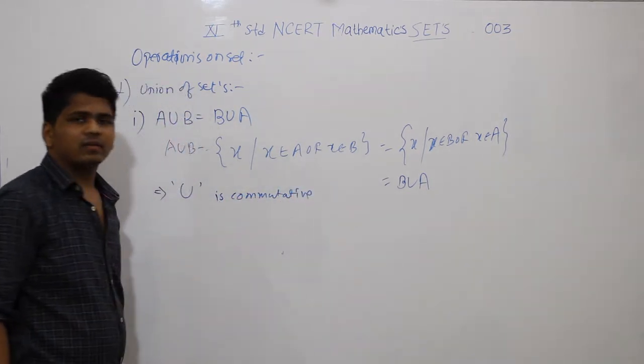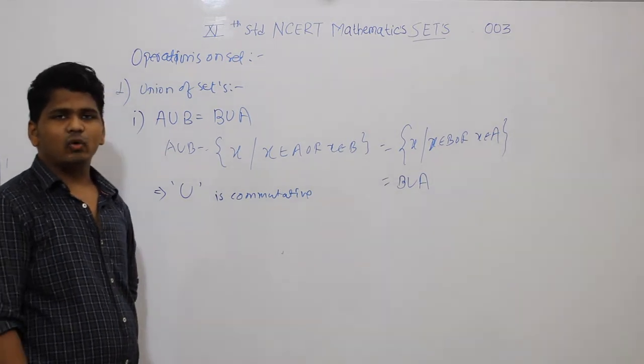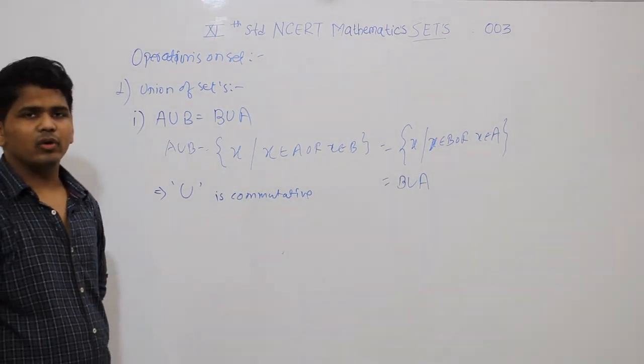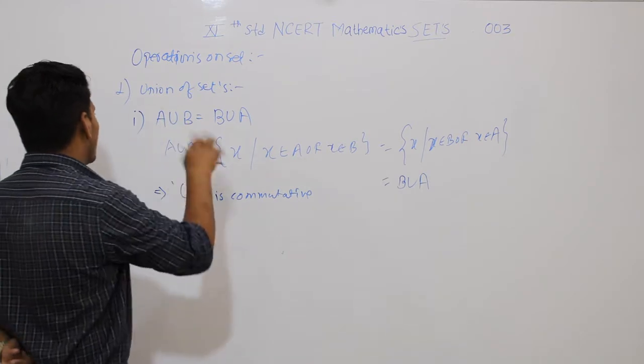We have considered A and B in general, and that gives A union B equal to B union A. It means union is commutative.